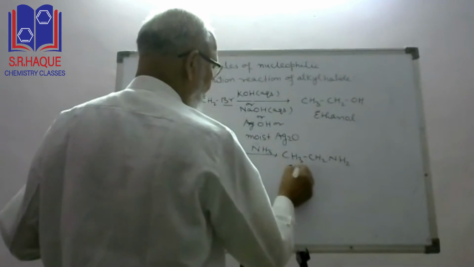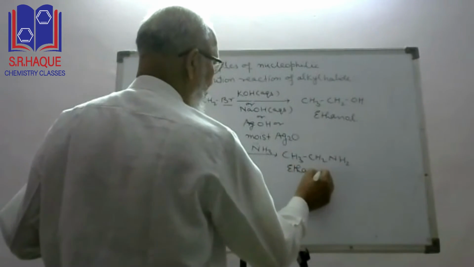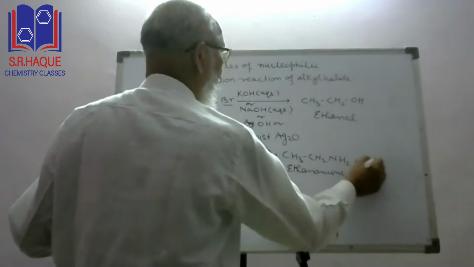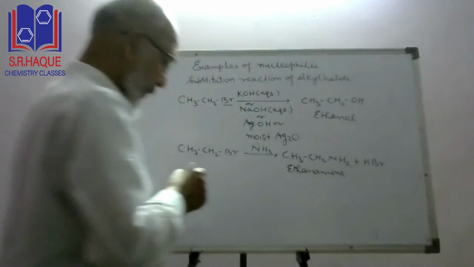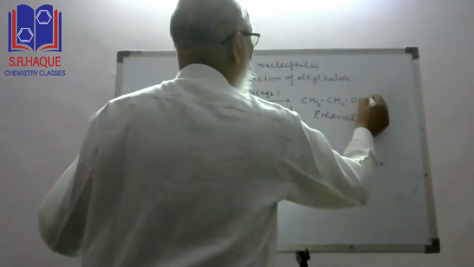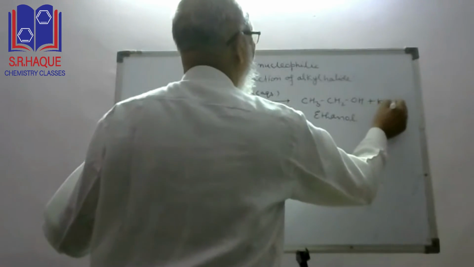This is your ethanamine, plus HBr. Similarly, here there will be formation of KBr.